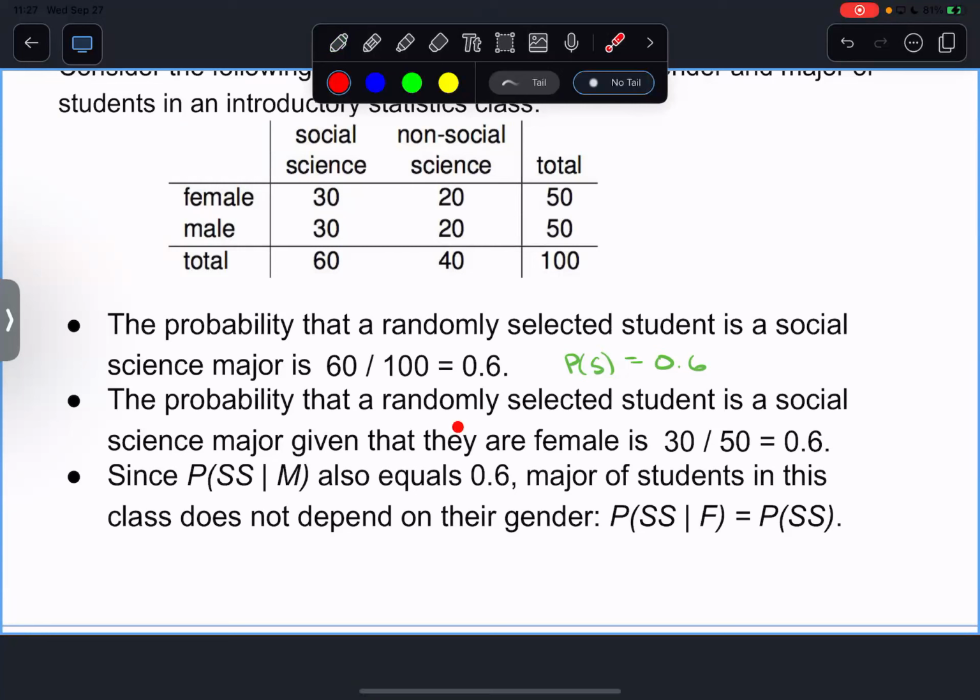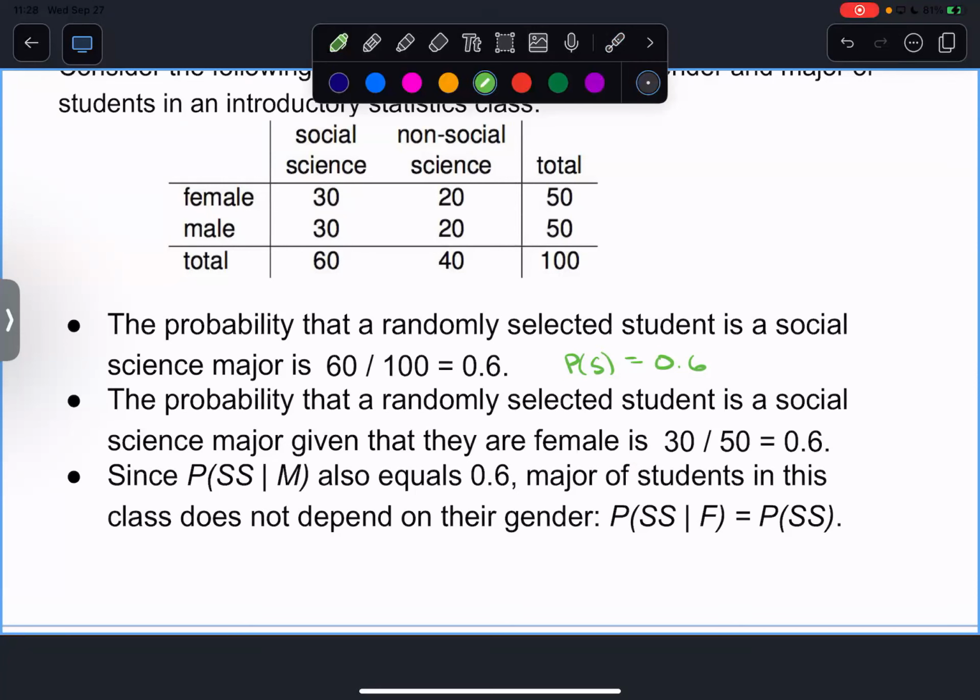The probability that a randomly selected student is a social science major, given that they're female. We can use the fractions, but let's save ourselves some time here.